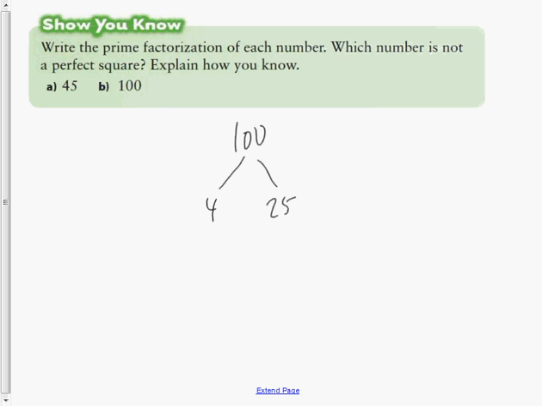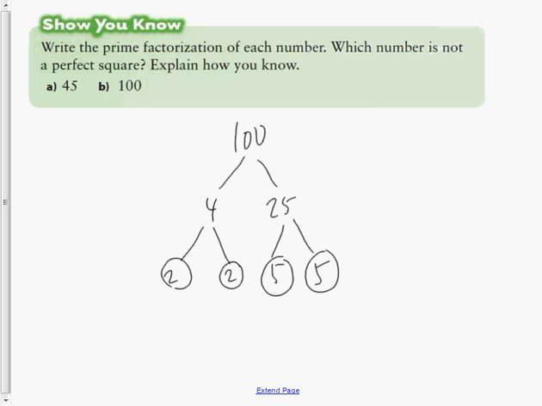It doesn't matter. Neither one of these numbers is prime, which means each of them can be broken down further into prime numbers. 4 can be achieved by multiplying 2 by 2. So instead of saying 4 times 25, I could say 2 times 2 times 25, and that also is a way to get 100. And 25 can be broken down into the prime factors 5 multiplied by 5. So really I have another way of saying 100.